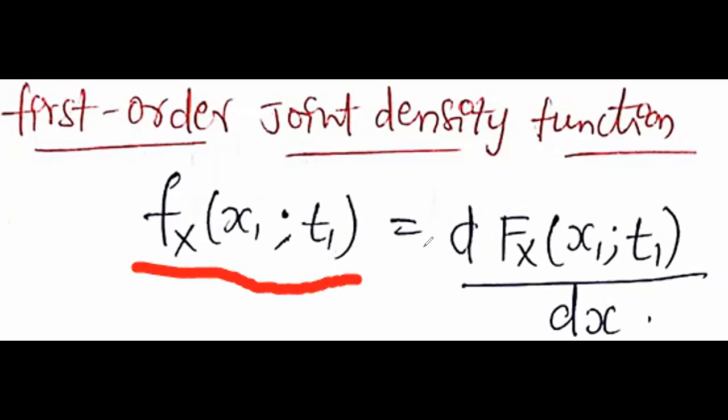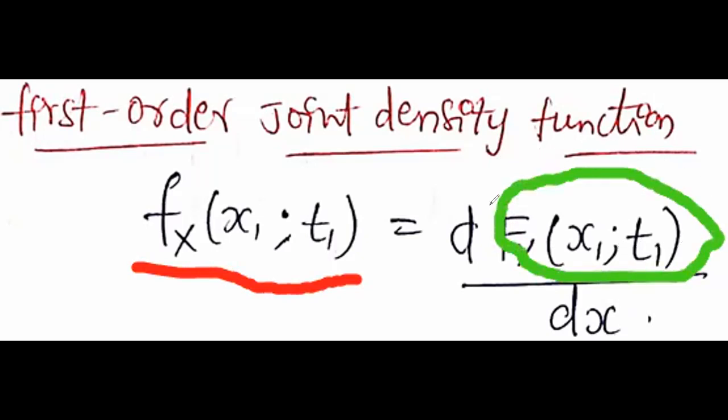Simply, this is the derivative of the first order distribution function, right? So see here, this is capital Fx of x1 comma t1.